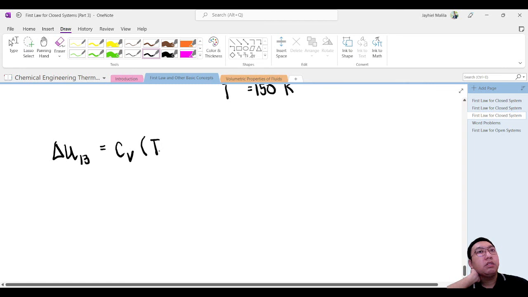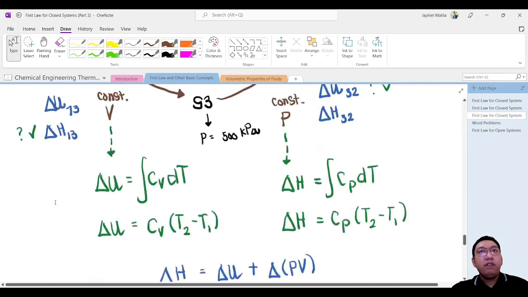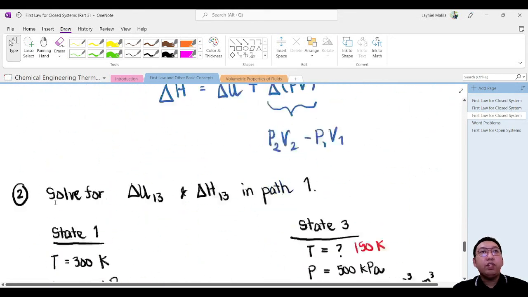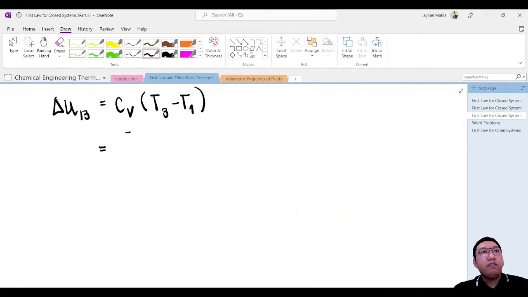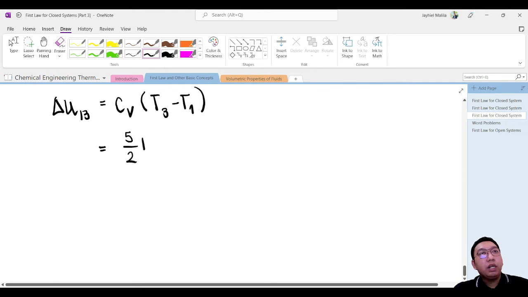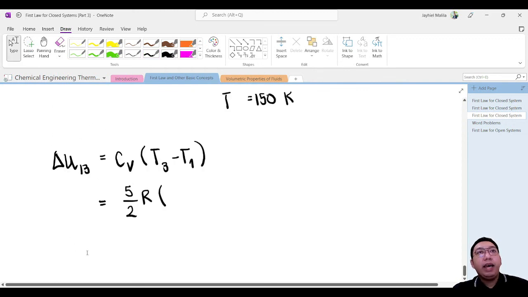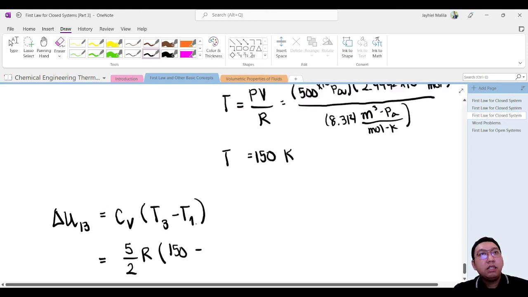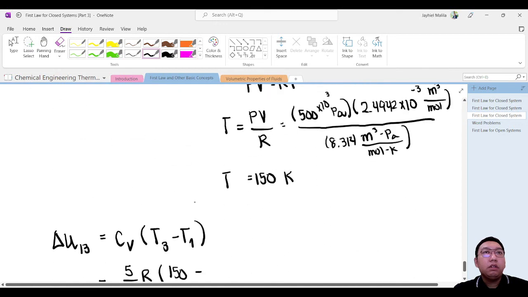So let's just use T3 minus T1 because we have state 1 to state 3. Our CV, I forgot the value, is 5 over 2R. So you have 5 over 2R multiplied by 150 minus 300.